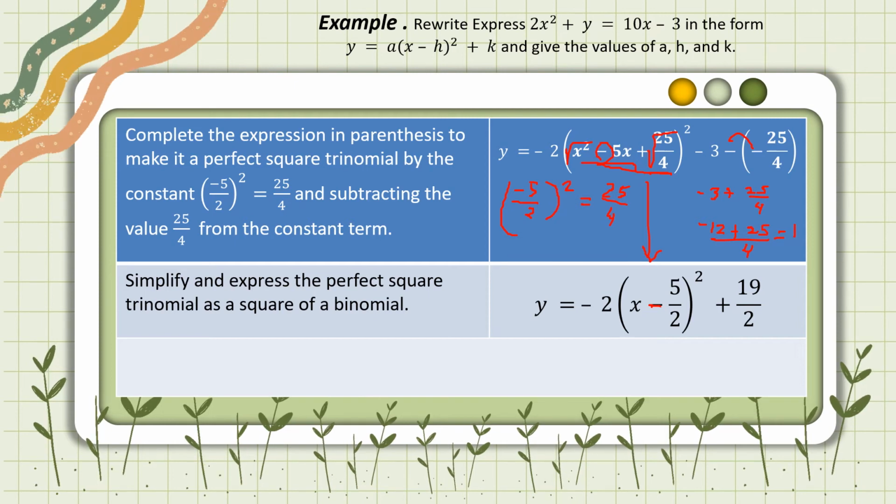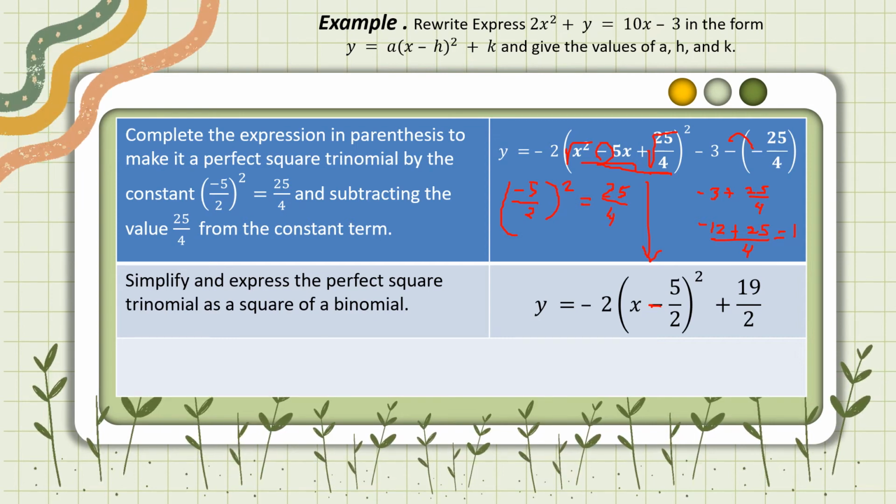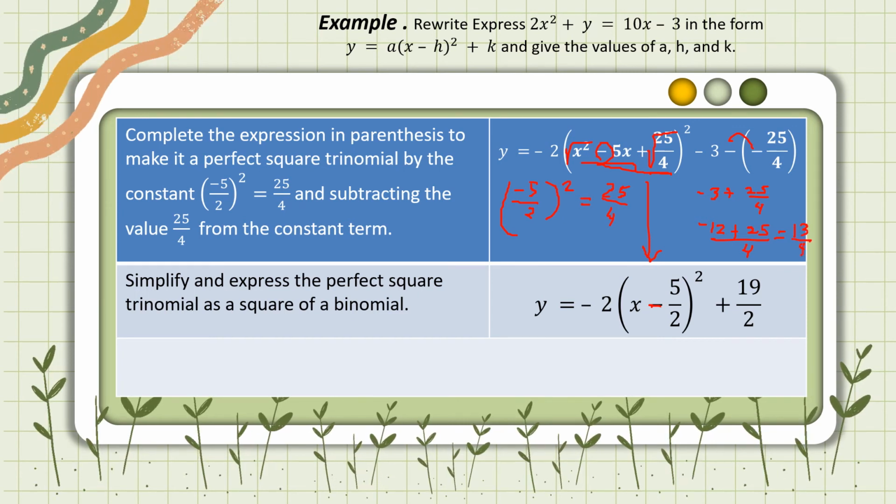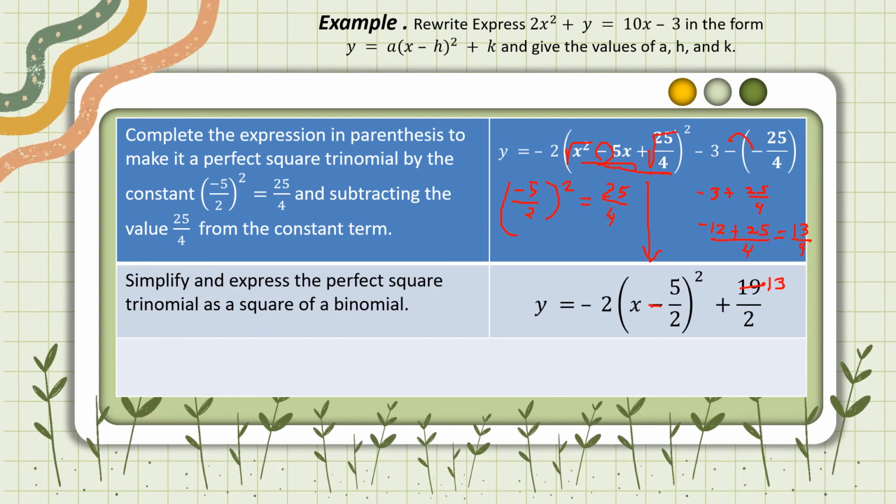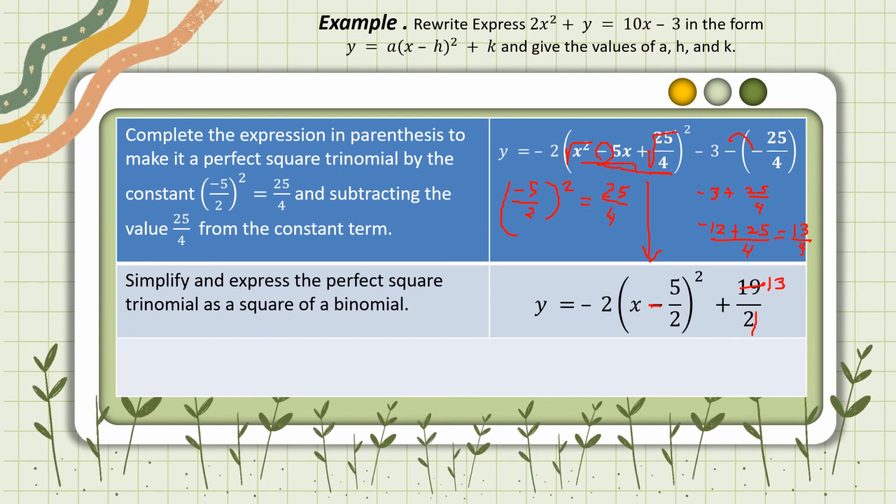Pakitignan po ito. Shortcut po kasi nito ay 3 times 4, negative 12. So, subtract na po natin na maayos, negative 12 plus 25, that is 13. Positive 13 divided by 4. So, dapat po ito ay positive 13 divided by 4.